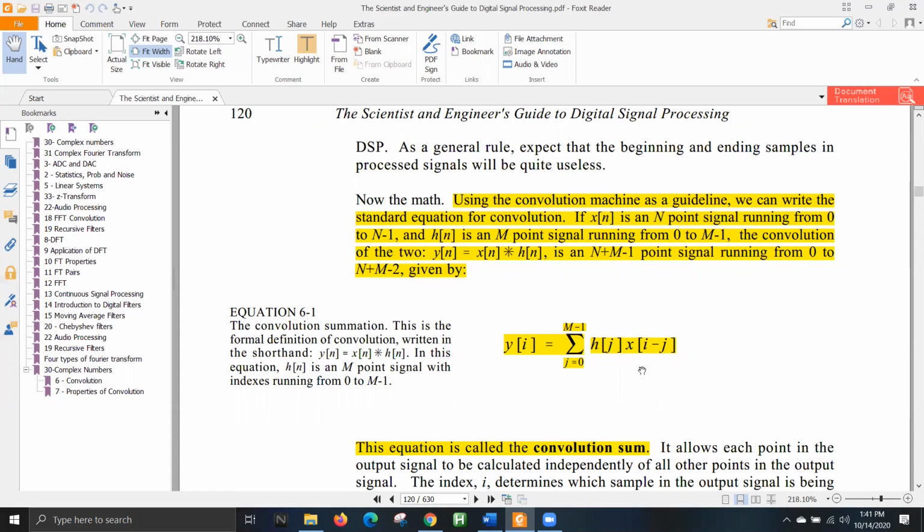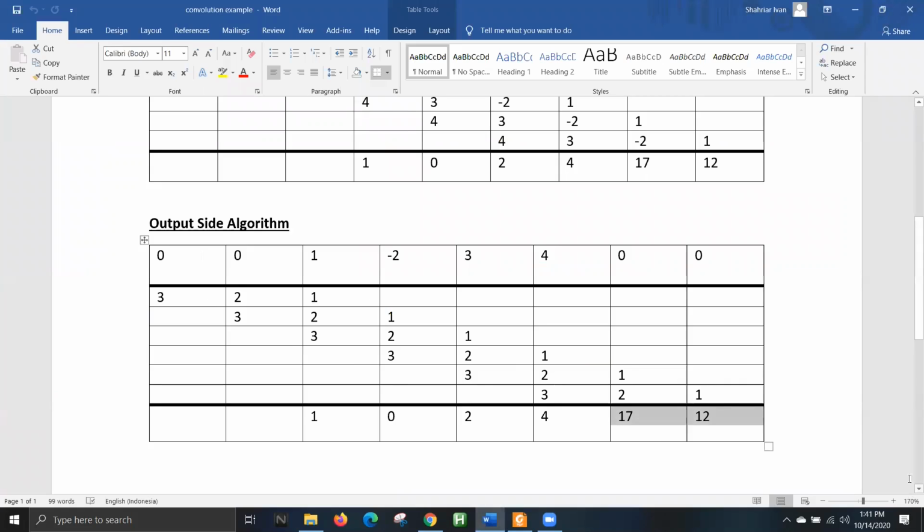So how can you use this equation without drawing this entire table? You can use it this way. Suppose you already know that there are N points in the input signal, where N is equal to 4, and M points in the impulse response, where M equals 3. And you know that in y there will be values from 0 to N plus M minus 2.